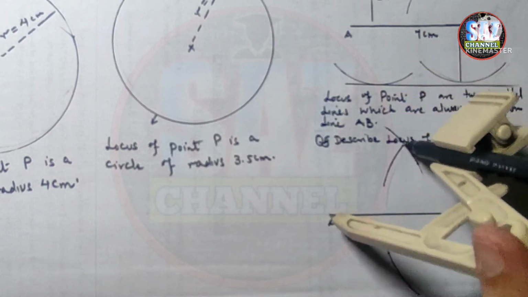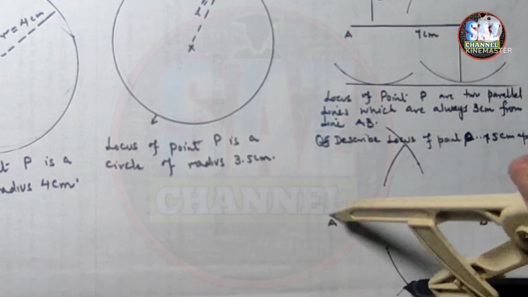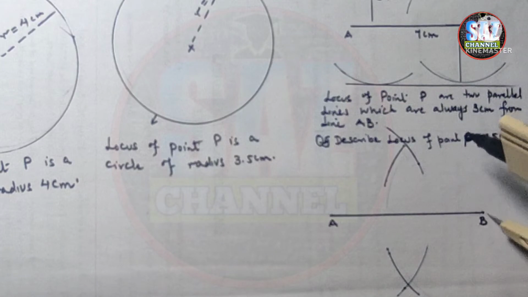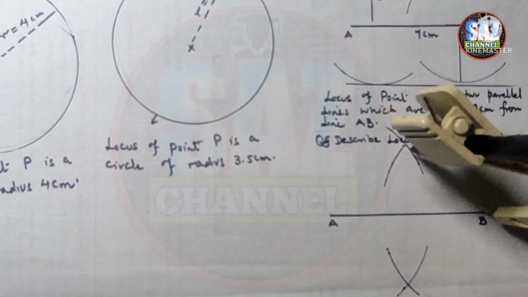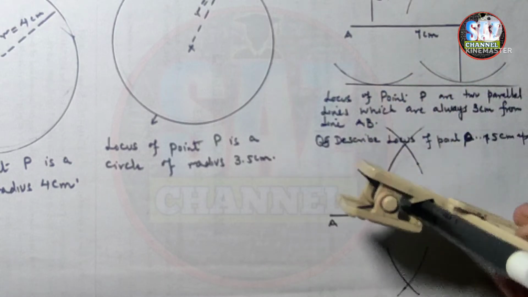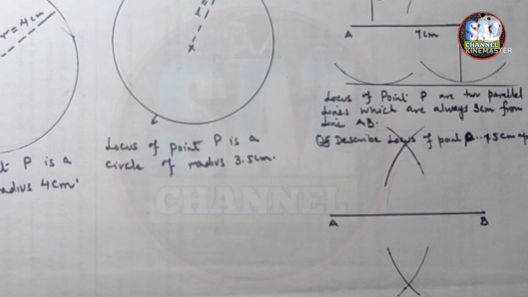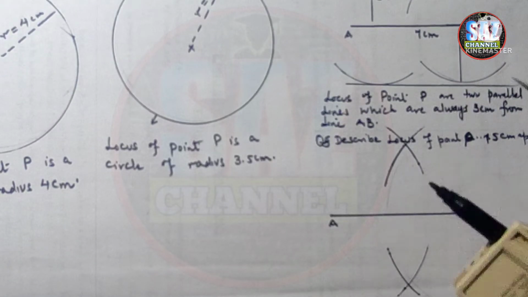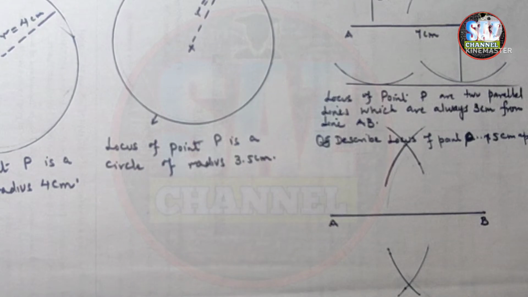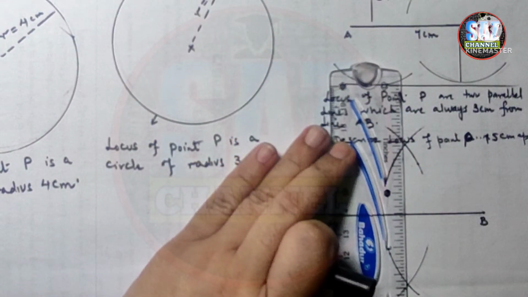Don't worry, first complete the process and then go back to the previous point and extend this arc. Both the arcs must meet each other. And now let me mark the point and let me pass the line from this point of intersection.